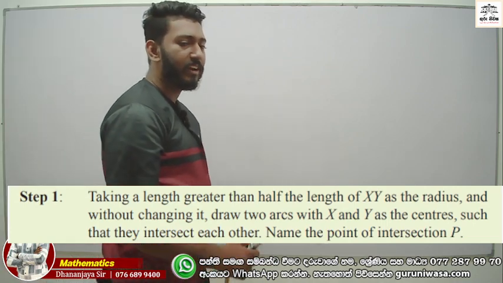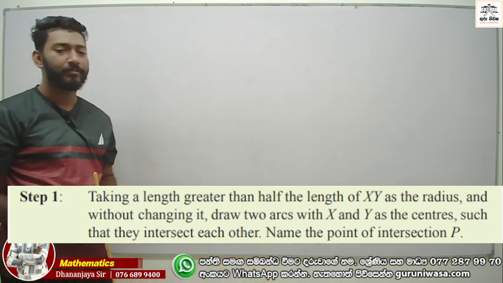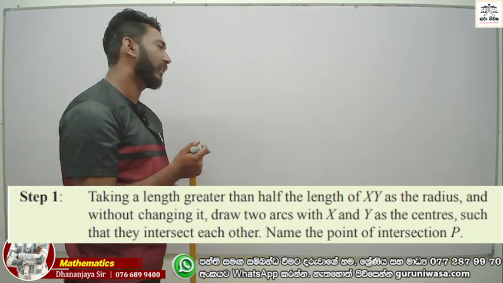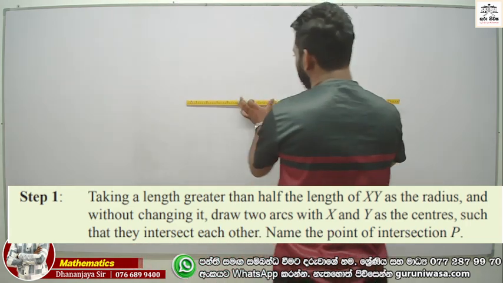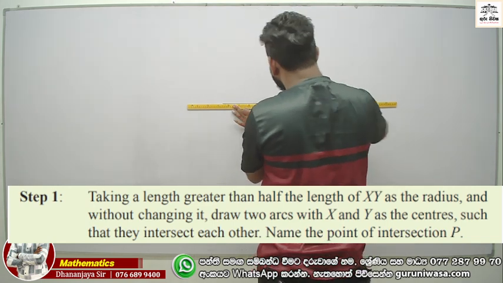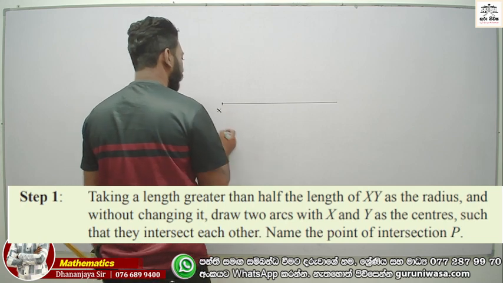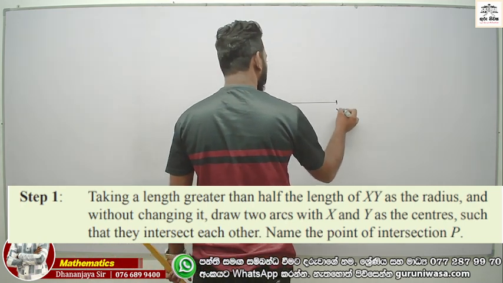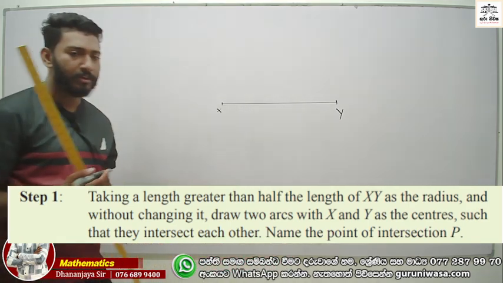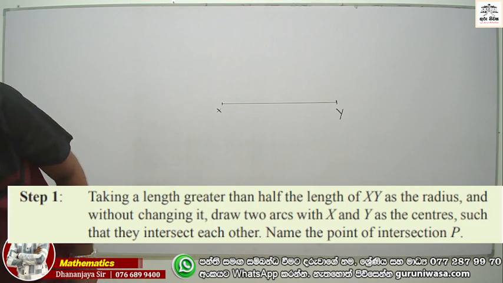Taking a length greater than half of the length of XY as the radius. Now look at this. This is XY as a straight line, here is X and here is Y. What is step number 1? You have to set a radius on your compass.